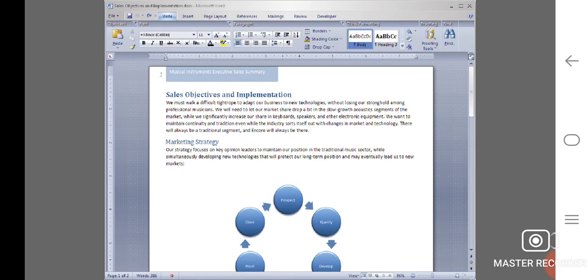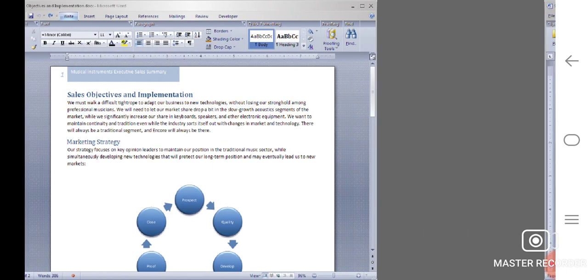We want to maintain continuity and tradition even while the industry sorts itself out with changes in the market and technology. There will always be a traditional segment and Encore will always be there. Marketing strategy. Our strategy focuses on key opinion leaders to maintain our position in the traditional music sector while simultaneously developing a new technology that will protect our long-term position and may eventually lead us to new markets.